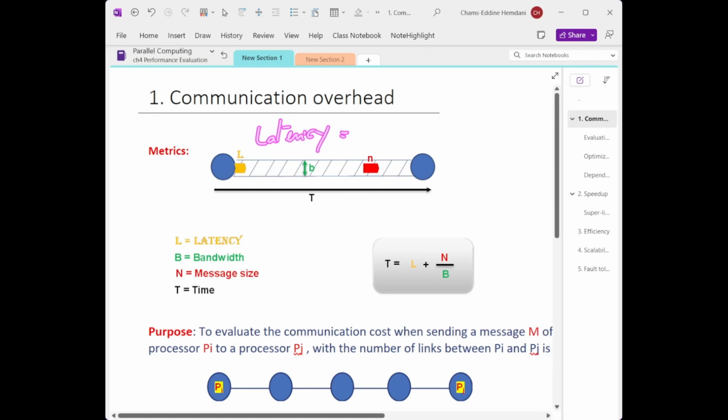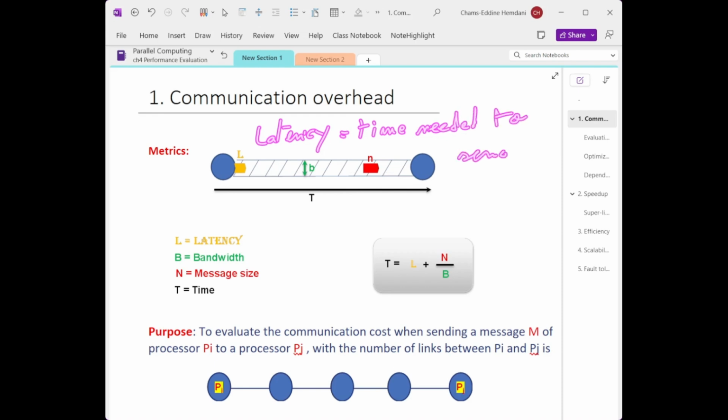Latency is the time needed to send an empty message. After that, this is the latency. After that, we can add the second term, which is the size of the message divided by the bandwidth, which represents the time it takes to transfer the message at the available network.